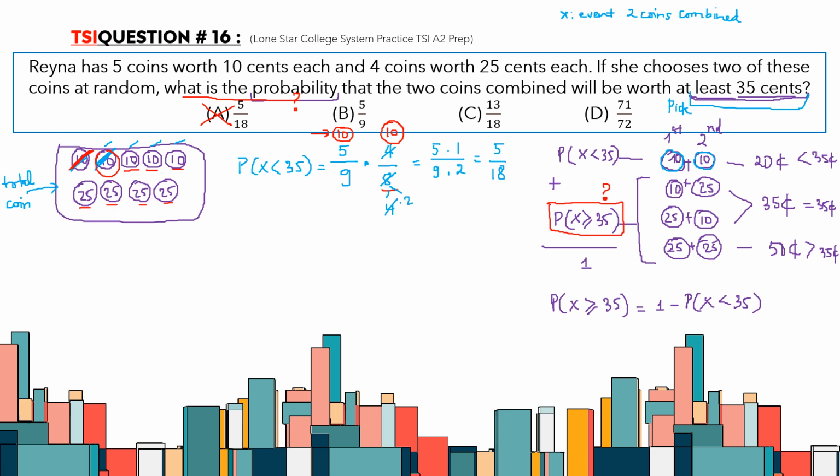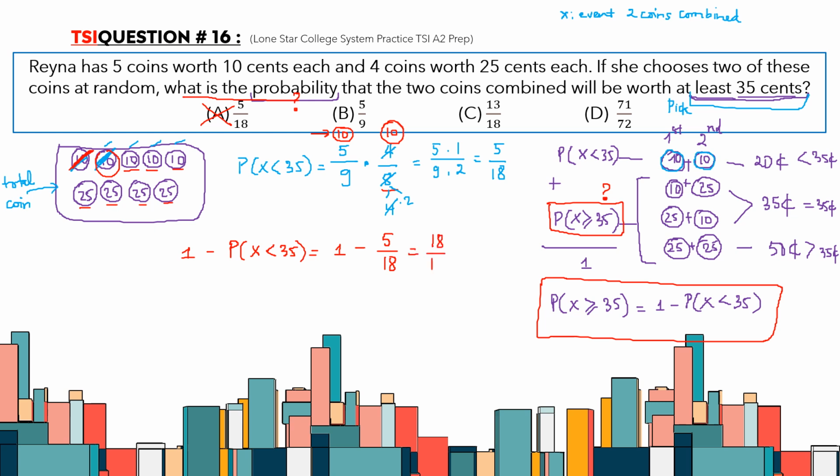Now, our next target is to find out the question mark, or the unknown. And to find that, we take the 1 and subtract the probability of the event that we pick 2 coins and that is less than 35 cents. So we have 1 subtract 5 over 18. 1 can be rewritten as 18 over 18.